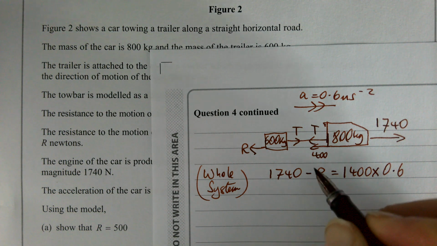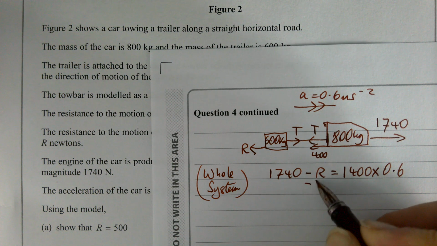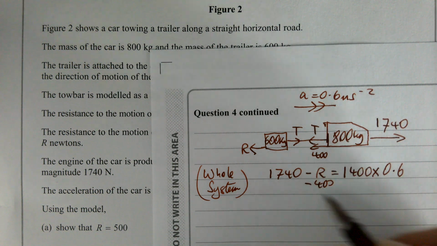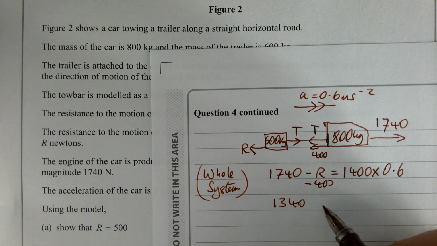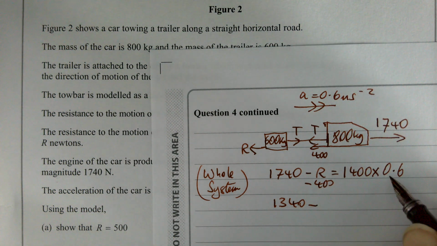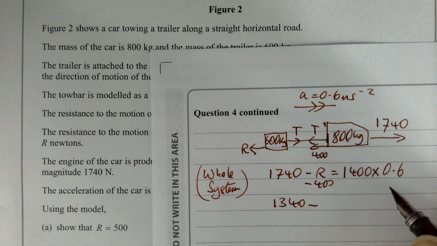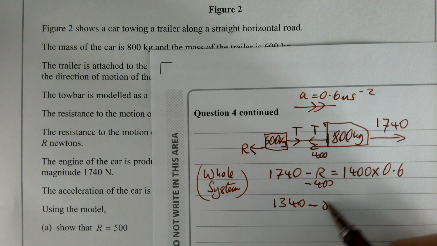So we work that out, and oh, we've got minus 400 as well, haven't we? Sorry, minus 400. Pretend I wrote that on the line there. So if I take 400 away from that, I get 1340. Then I'm going to need to take away my 0.6 times 1400, which is 840.